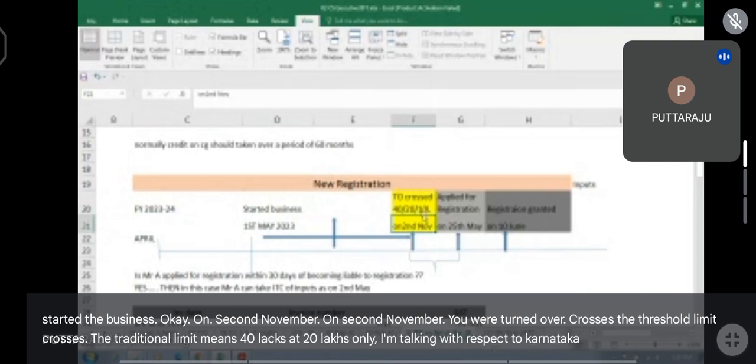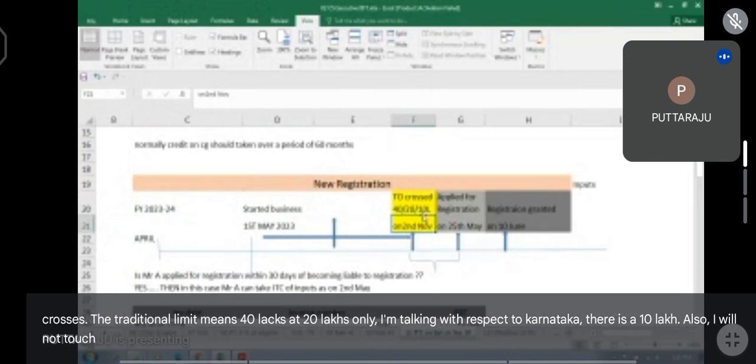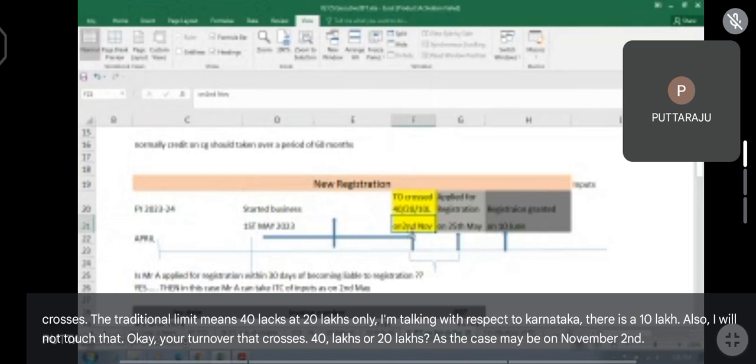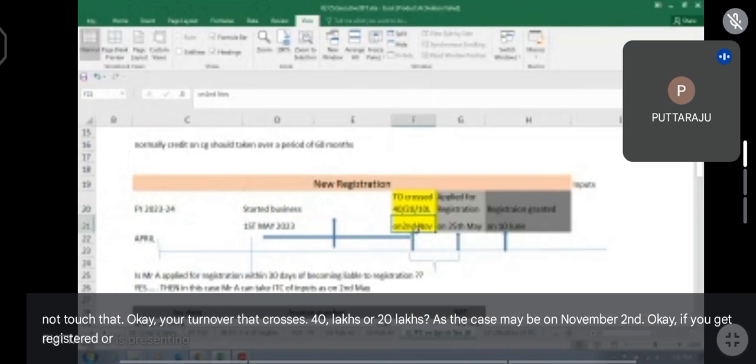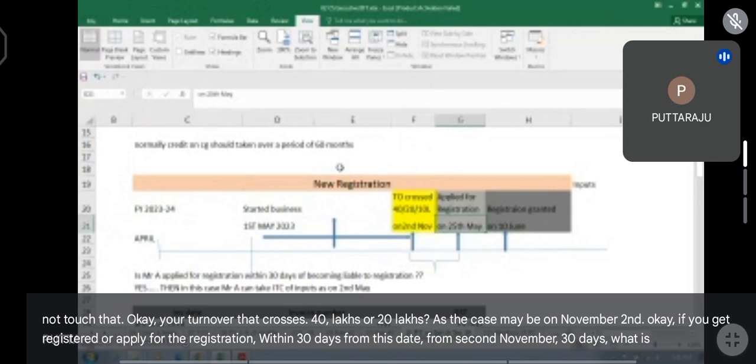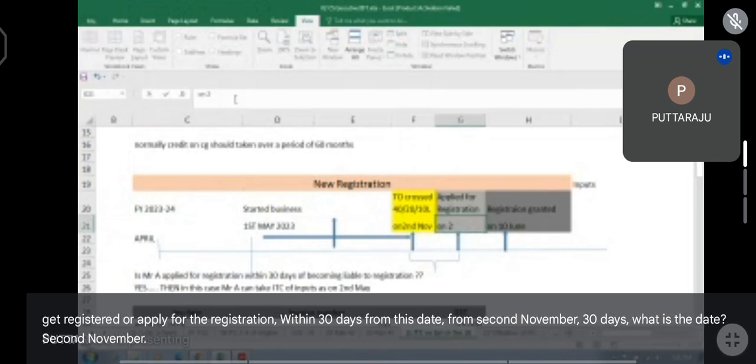There is a 10 lakh limit also. I will not touch that. Your turnover crosses 40 lakhs or 20 lakhs, as the case may be, on November 2nd. If you apply for the registration within 30 days from this date, from 2nd November, what is the date? 30 days means when?